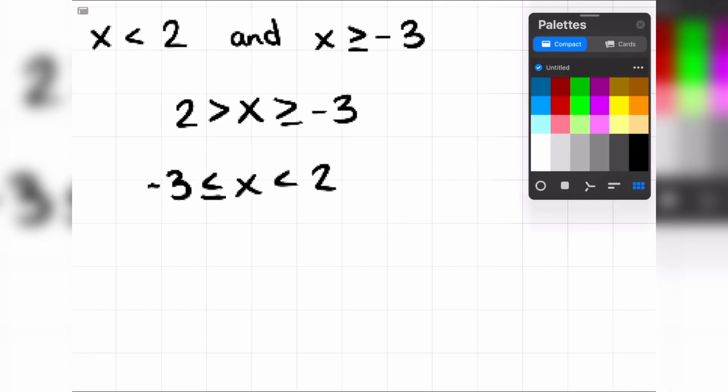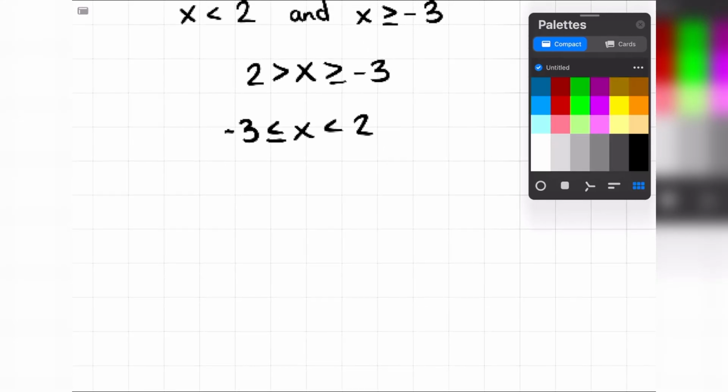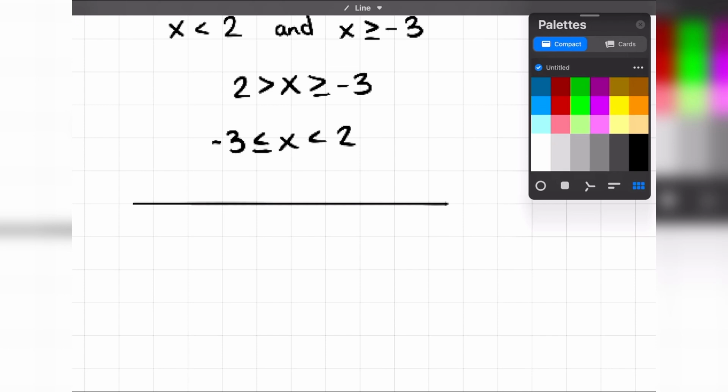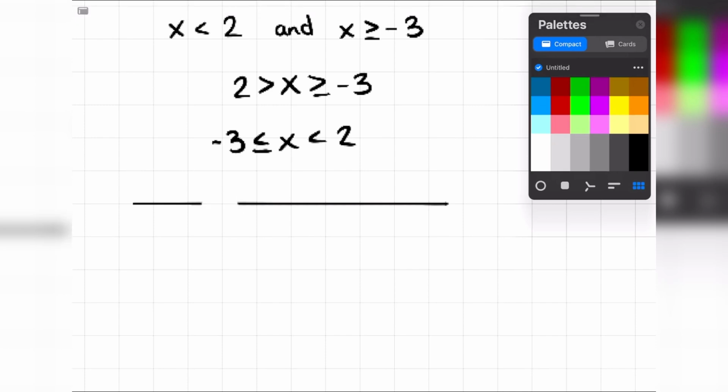So that should be, actually, I'll type it in later. And then graphing the solution, this is negative 3, this is 2, and then x is greater than negative 3, x is less than 2, so it'd be like right here, and there you have it.